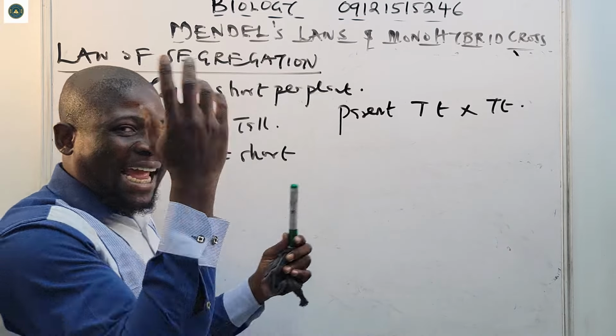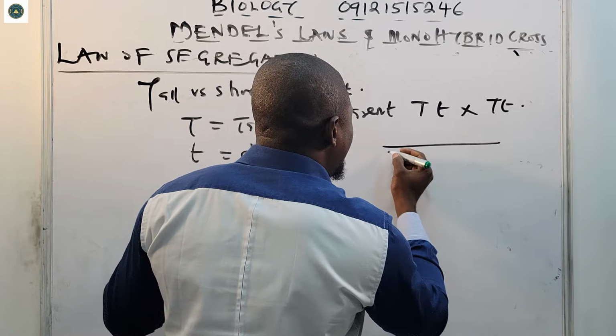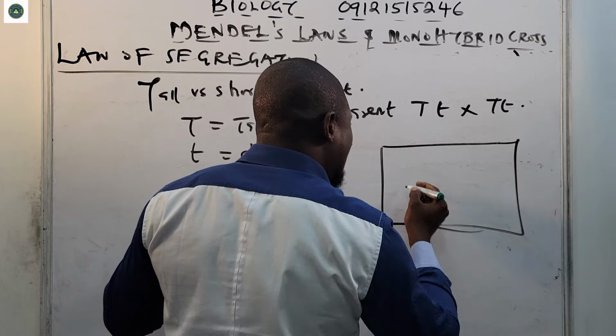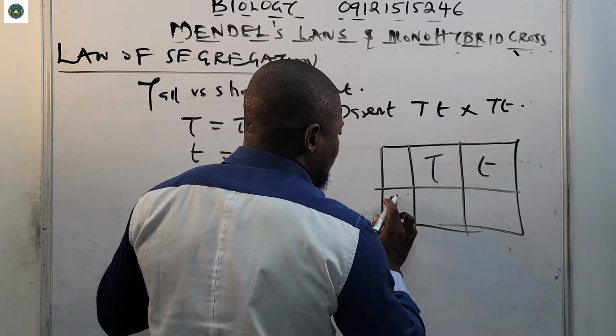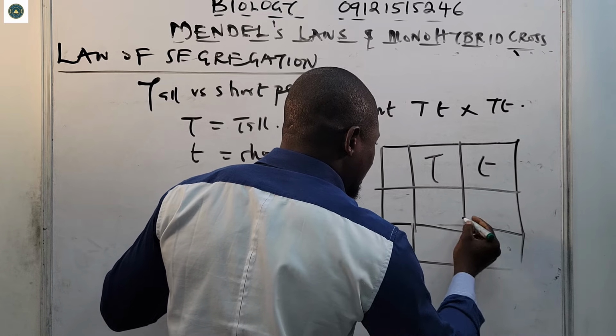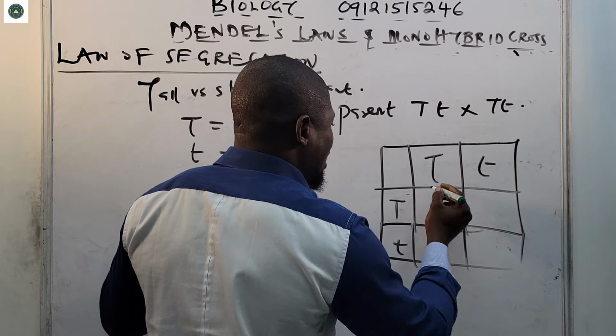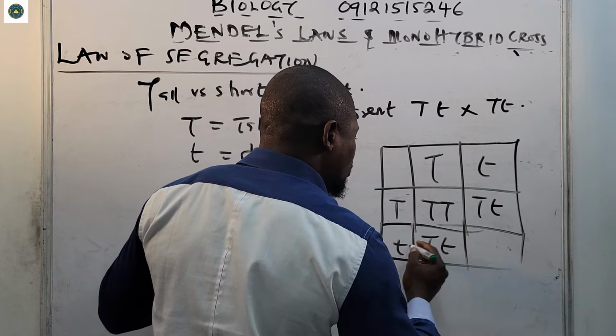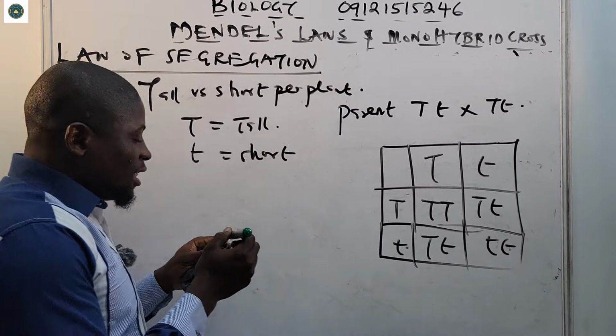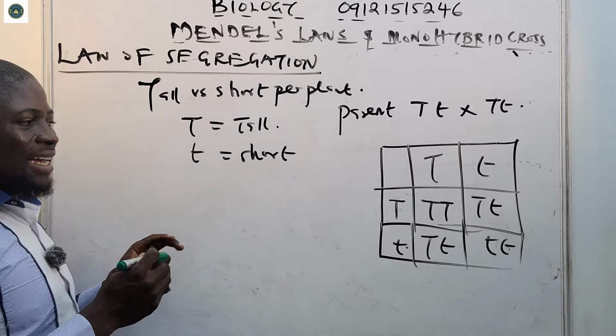At the end, what do we observe? If you do a Punnett square, we get TT, Tt, Tt, and tt. This is what we got as the result.